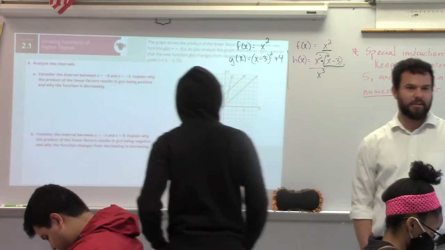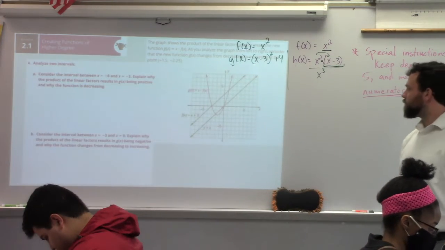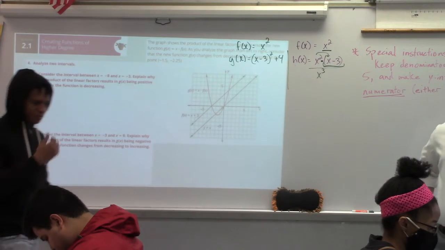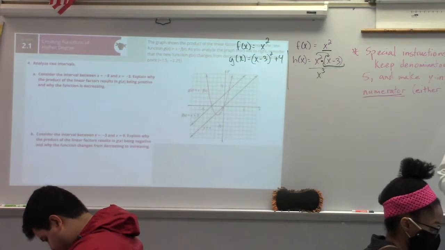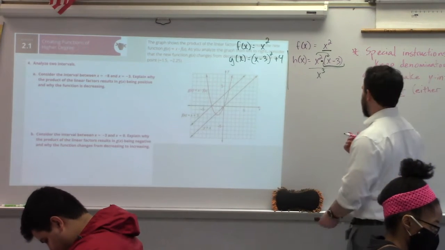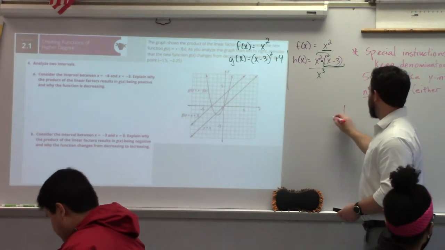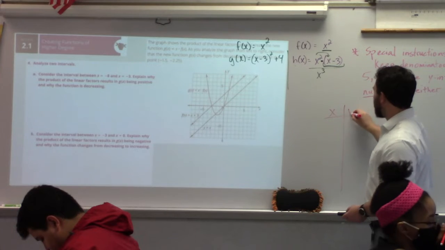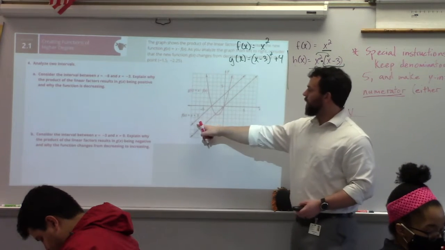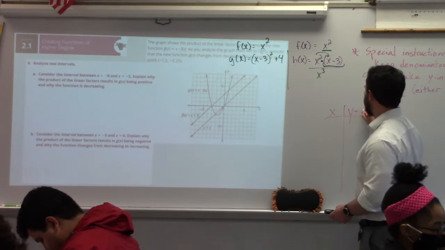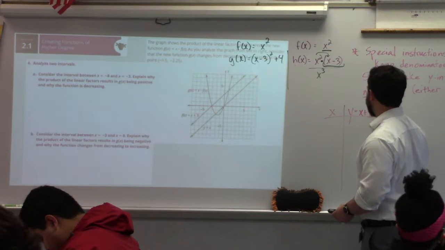Oh, sure. Alright. Now, I need you to remember, last week we had this function where we had x, and remember we had a line for y equals x plus 3. And we had several points.